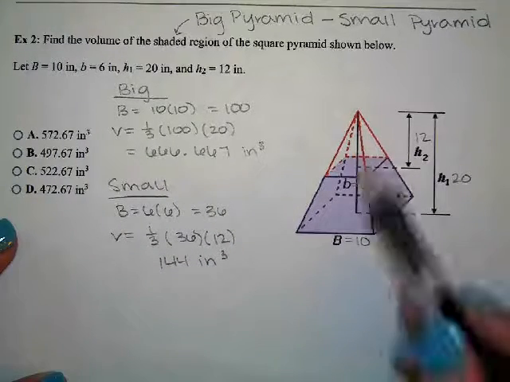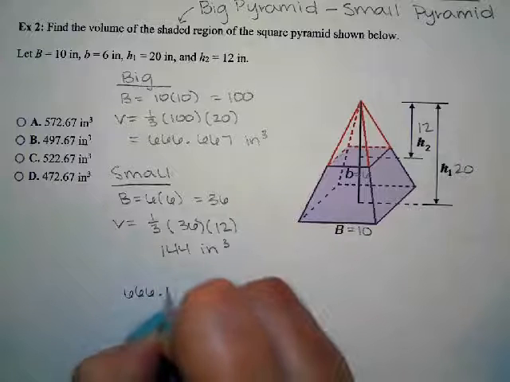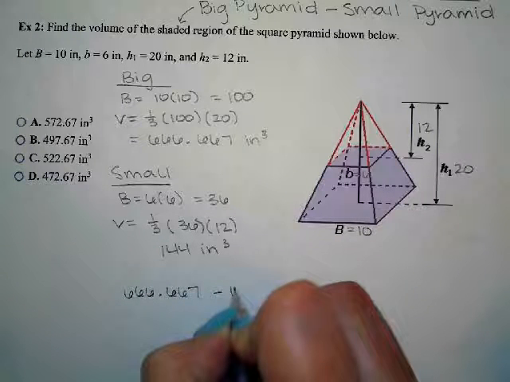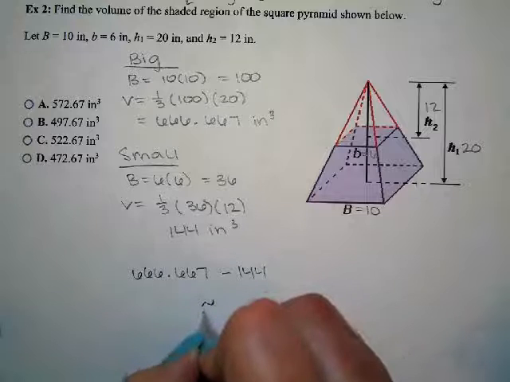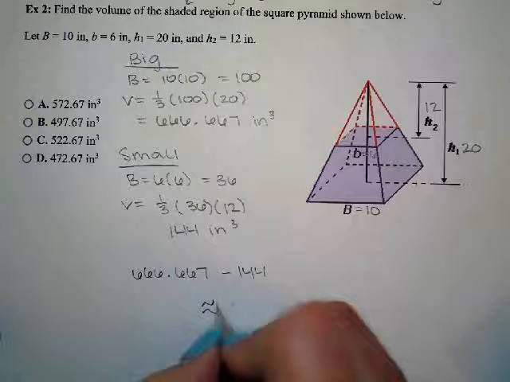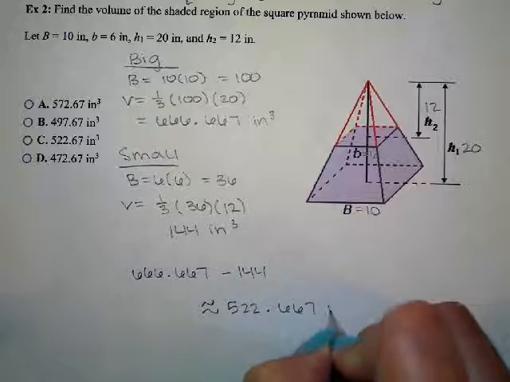And so we're going to do big minus little. And so the overall area of the shaded region is 522.667 inches cubed.